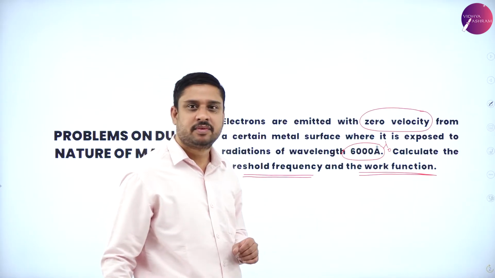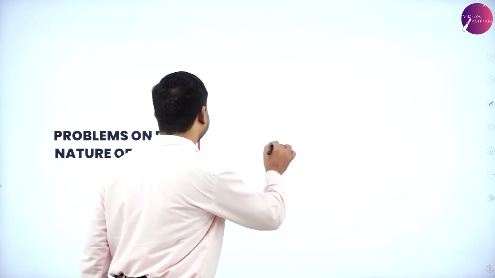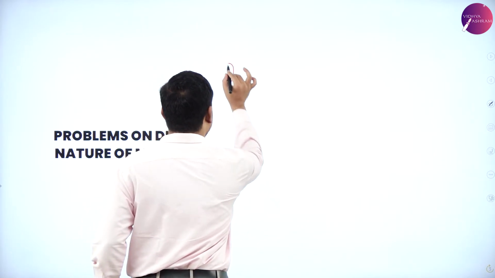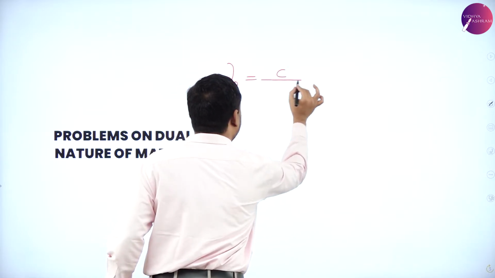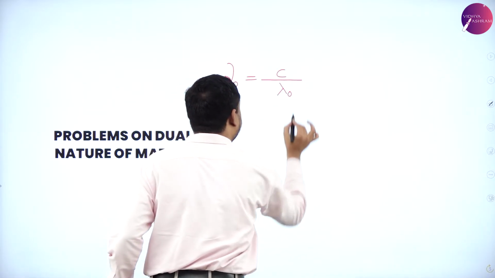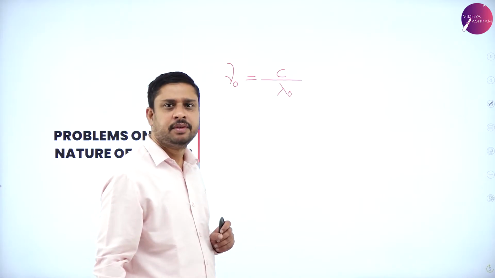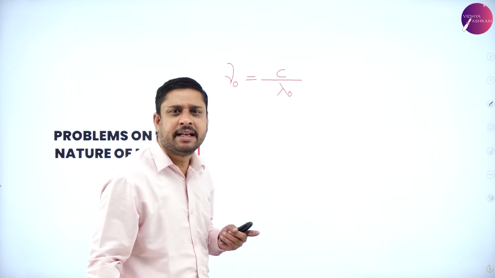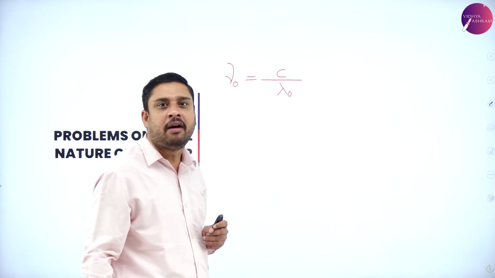So, the first step of calculation, threshold frequency nu naught, which is equal to C divided by lambda naught. Frequency nu is C by lambda.